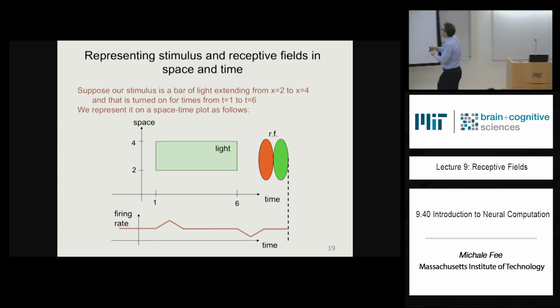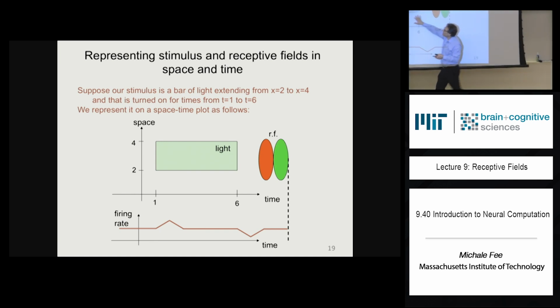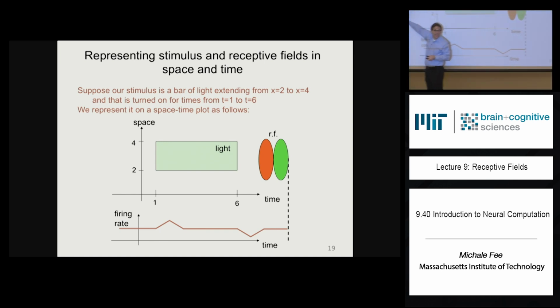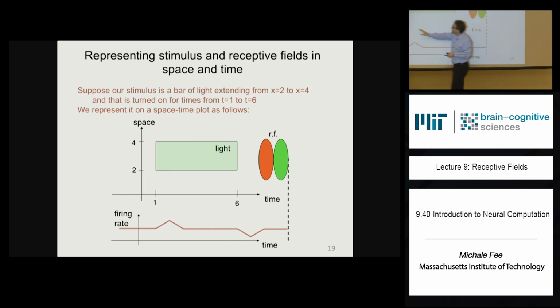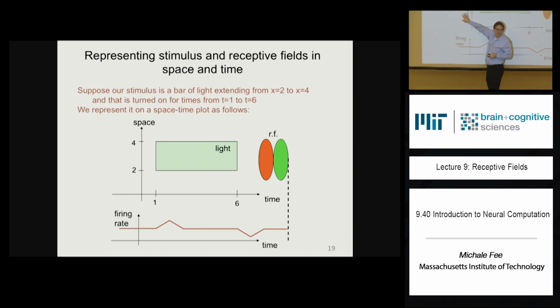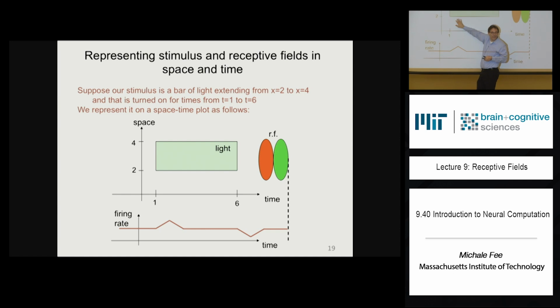You should think about this thing sliding over the stimulus in real time. If these are units of seconds, then this thing is sliding across the stimulus at 1 second per second, and so that is firing rate as a function of time in those units.